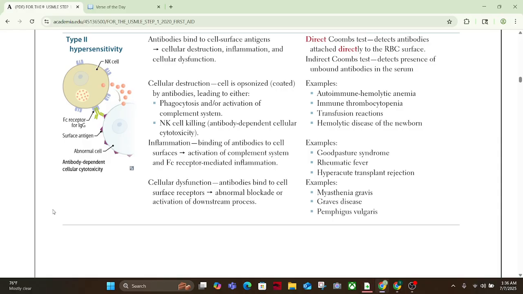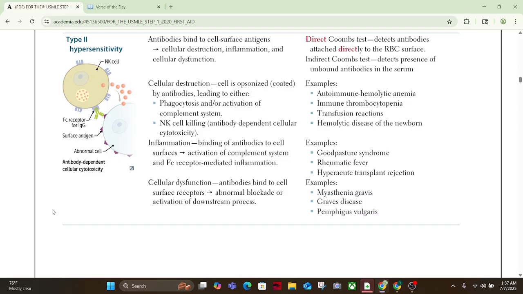Examples of type 2 hypersensitivity would be autoimmune hemolytic anemia, immune thrombocytopenia, transfusion reactions, and hemolytic disease of the newborn. Oh, I see.